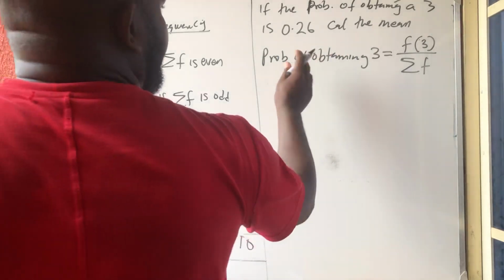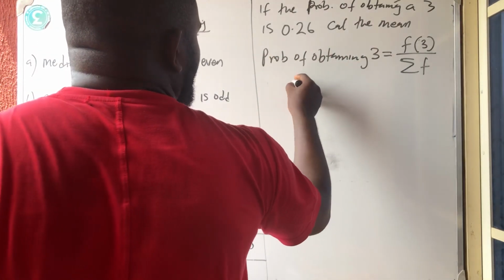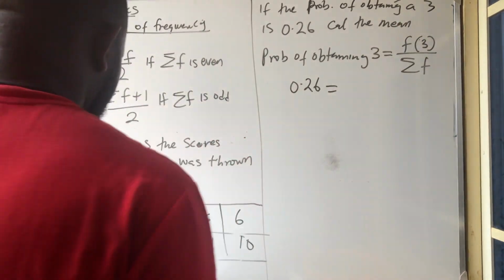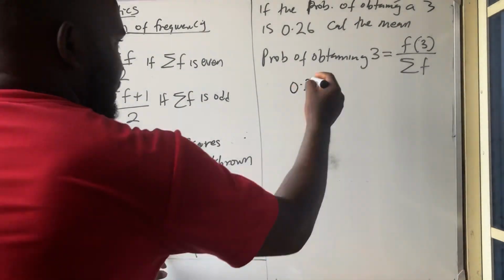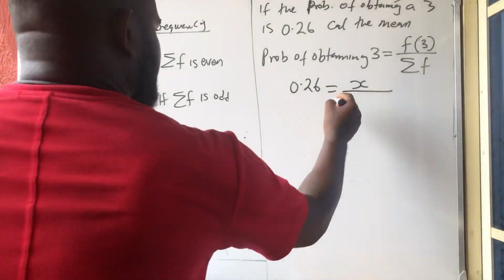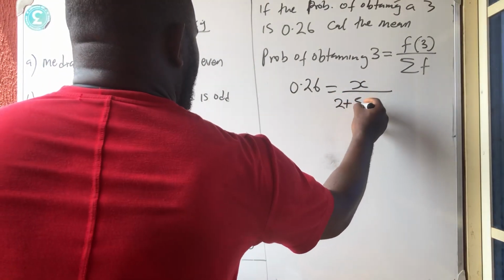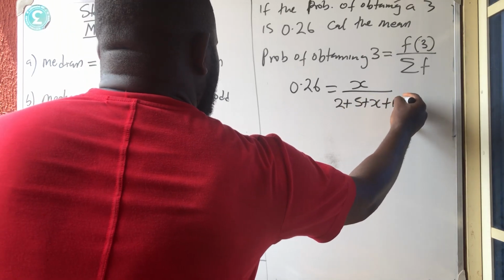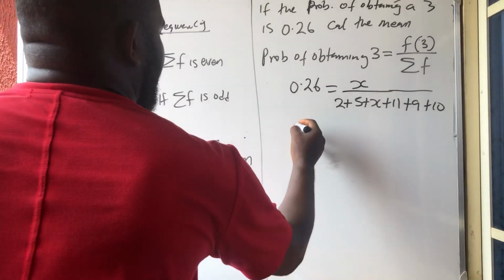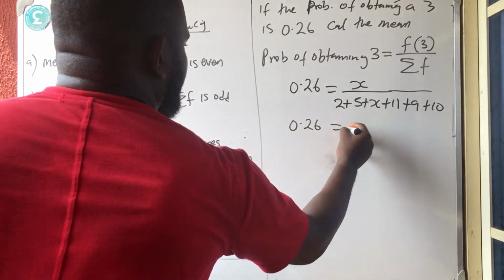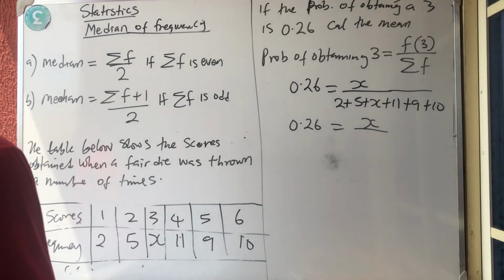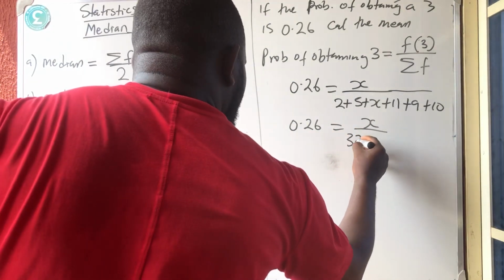So they gave us that the probability of obtaining 3 is 0.26, which is equal to the frequency of getting 3. The frequency of 3 is x that I'm looking for, divided by the summation of the frequency, which is 2 plus 5 plus x plus 11 plus 9 plus 10. So 0.26 is equal to x over, let me add all the numbers, 37 plus x.